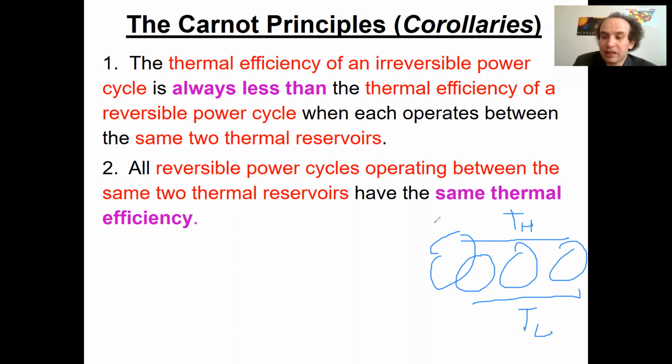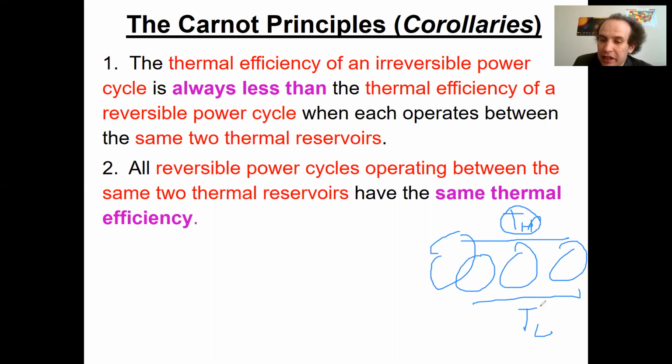So do you agree from this statement that all ideal engines, it means that all internally reversible engines operating here will have the same efficiency. And this efficiency will be maximal. And this efficiency will depend only on what?